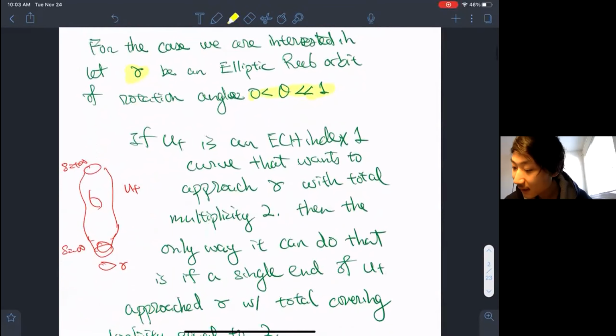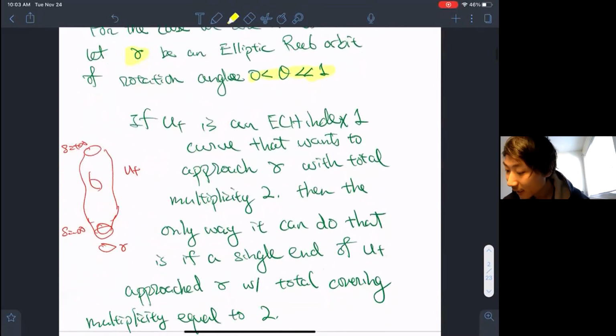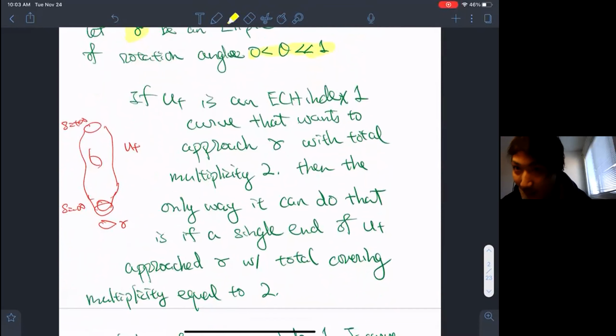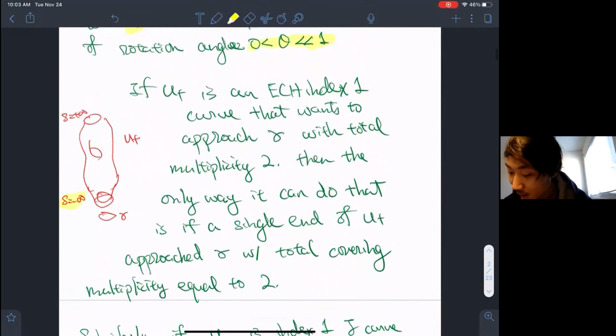So if you have an ECH index 1 curve that wants to approach gamma with total multiplicity 2, so it wants to hit gamma twice as s goes to minus infinity, the only way it can do that, as imposed by the ECH partition conditions, is if it has a single end coming in and covering gamma as a double cover.